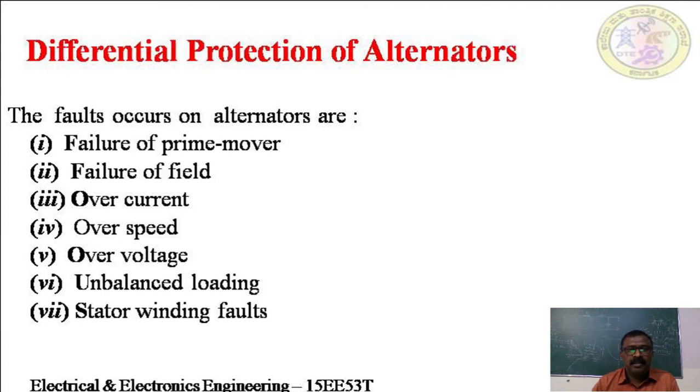So the major faults in alternators: one, the failure of prime mover. In order to give the kinetic energy to the alternator, we need to have a prime mover. So there may be faults in the prime mover or failure of the prime mover.